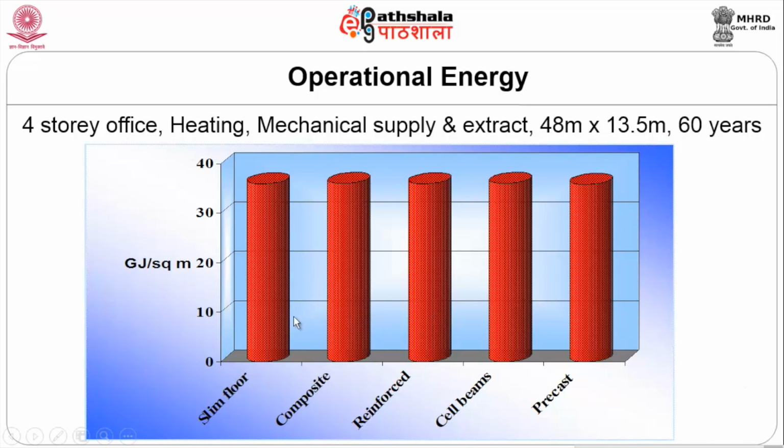Look at the operational energy required for the building in terms of gigajoules per square meter. For all these slim floors, composite materials, reinforced concrete materials, cell beams or precast materials, it ranges from 0 to 35, nearly to the 40 range. All this operational energy is required for the maintenance of this building to a greater extent.